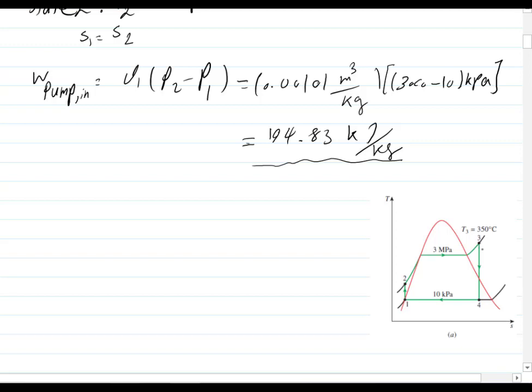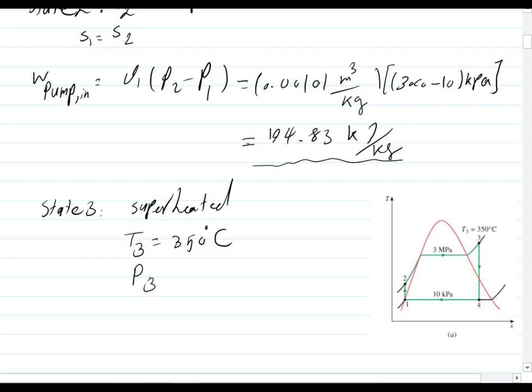If you notice, state 3 is in the superheated area or region, and the information which we have is its temperature, which is 300 degrees Celsius, and also the pressure for this point, P3, is 3 megapascal.